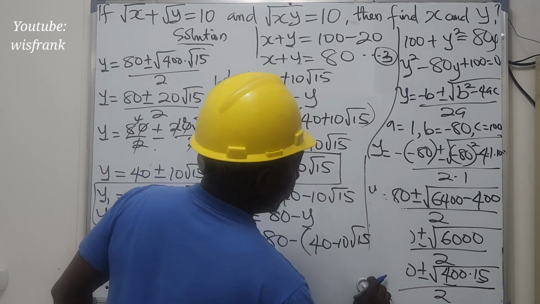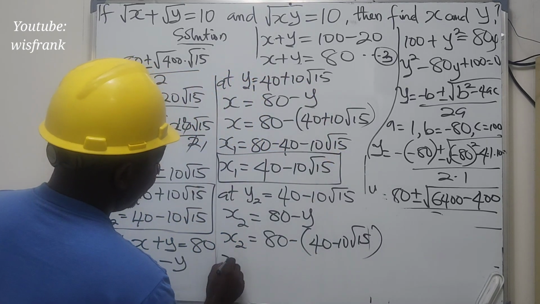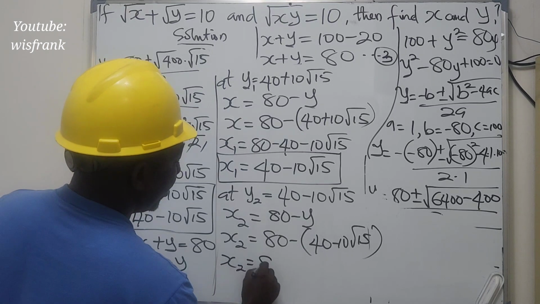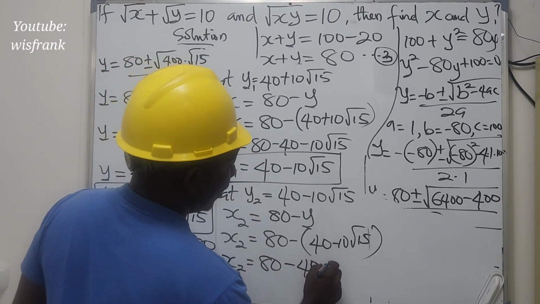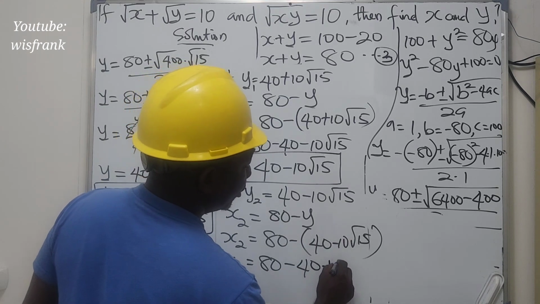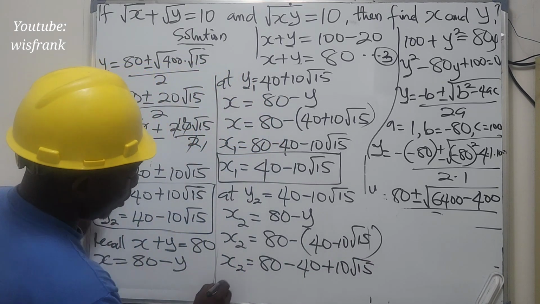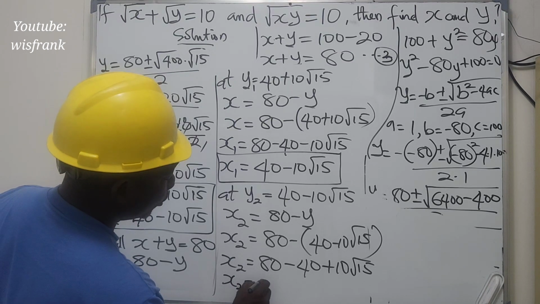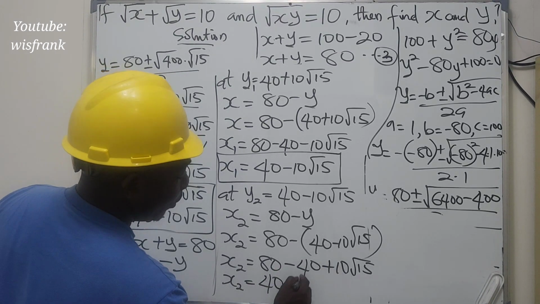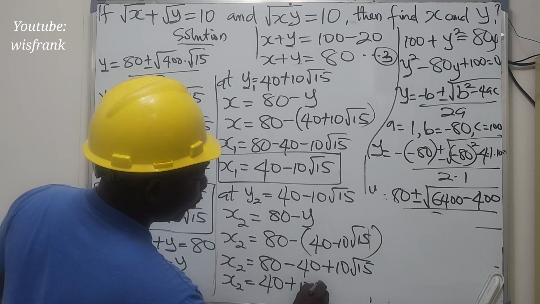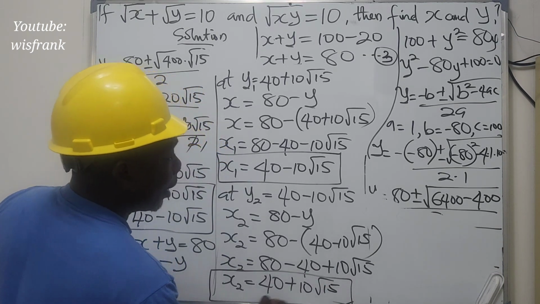So from here, we are going to expand this. We have x2 equals 80 minus 40, and minus times minus 10 gives plus 10 root 15. So x2 equals 80 minus 40, which will give us 40, then we have plus 10 root 15. So this is the value of x2 that we have.